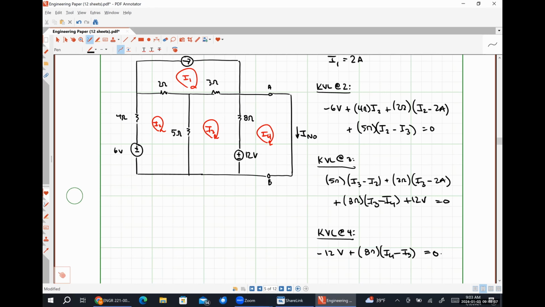And in my KVL at mesh 3 equation, my coefficient for I2 is going to be negative 5. My coefficient for I3 is going to be 5 plus 3 plus 8. My coefficient for I4 is negative 8. And my constant term is going to be negative 2 times 3.